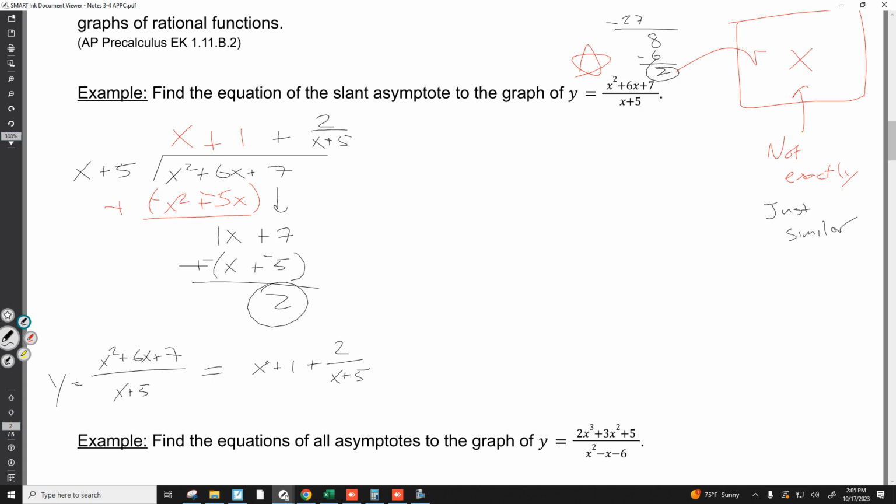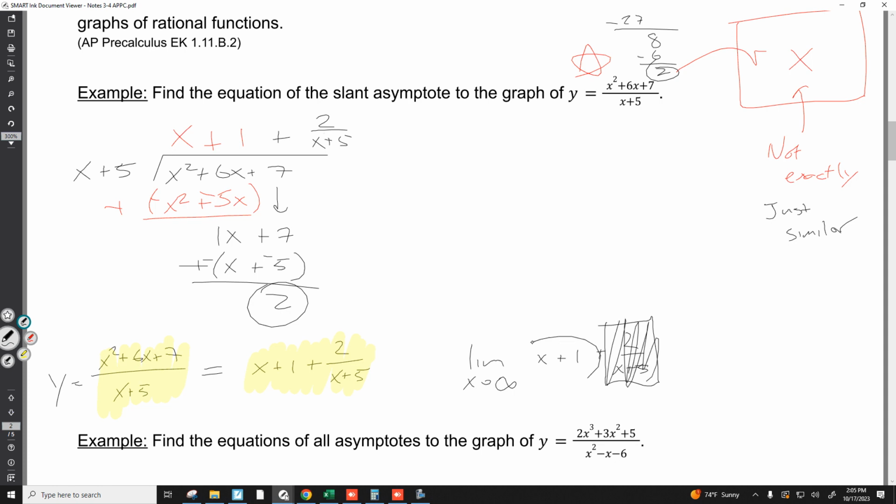All right. So now we know this rational function is the same as this summation. Tell me, as x approaches infinity, what happens to this part? It gets smaller and smaller and smaller and approaches 0. As x approaches infinity, this goes away.